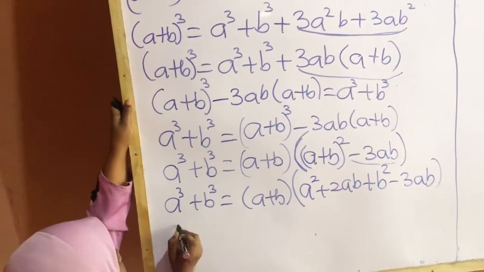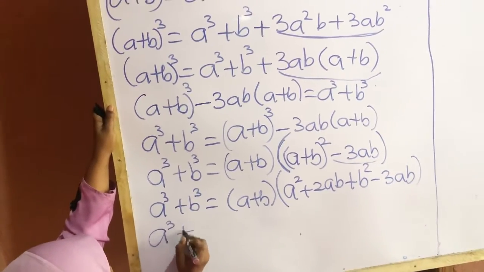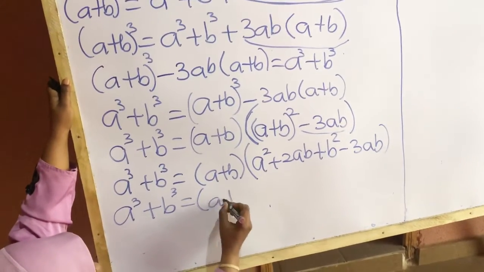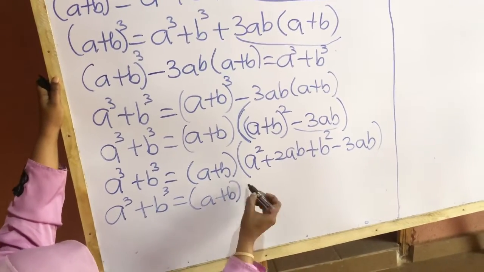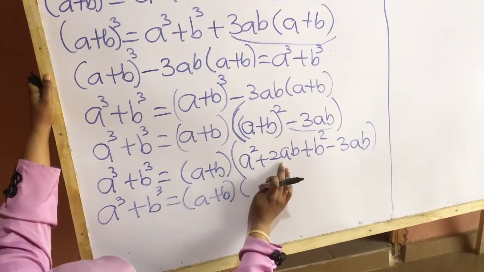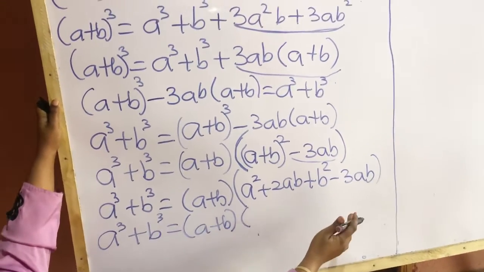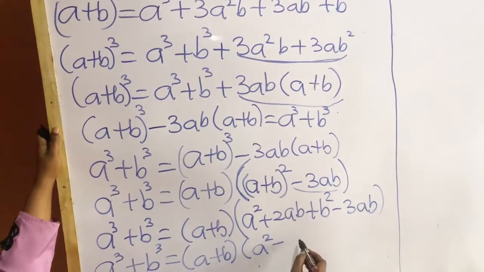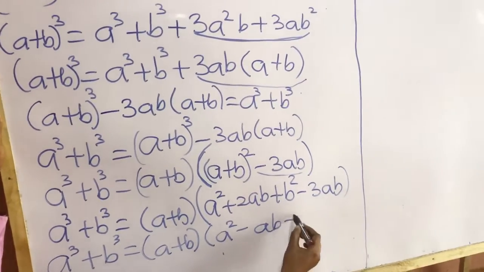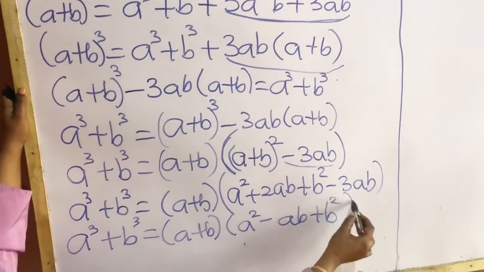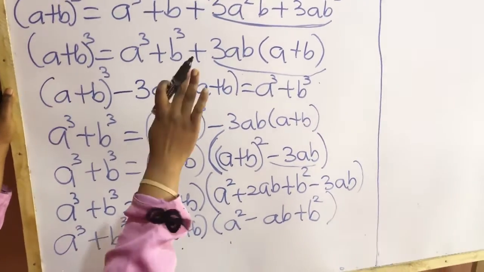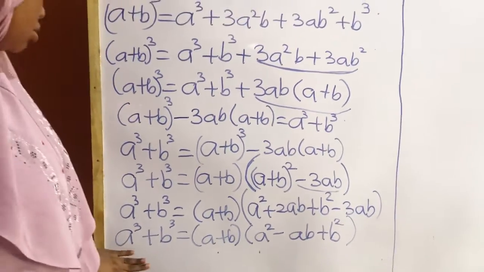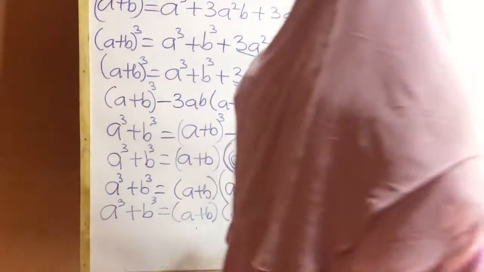So we have a cubed plus b cubed is equal to a plus b, close it, then 2ab minus 3ab will give me minus ab. So I have a squared minus ab plus b squared. So can you see I've derived it? So that is how to go about a sum of two cubes.